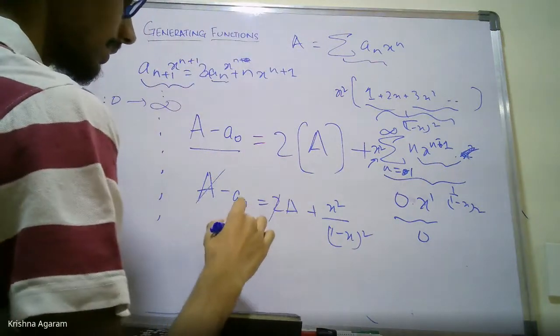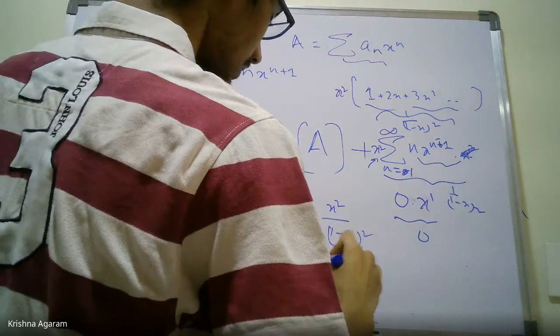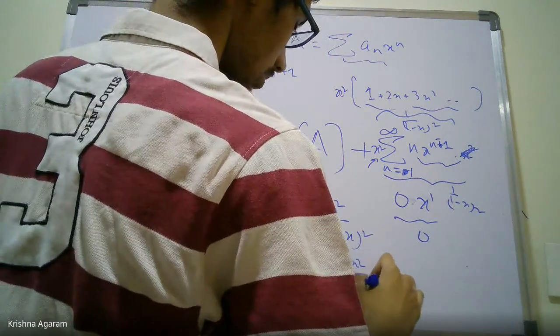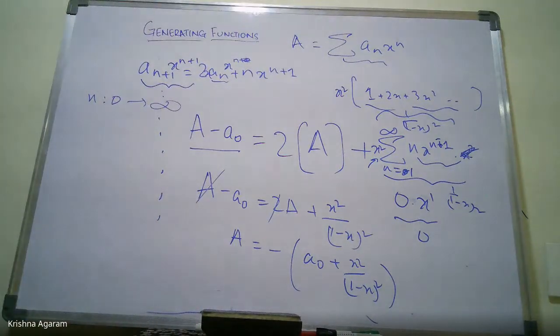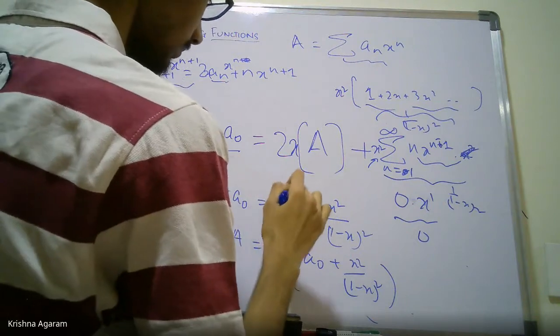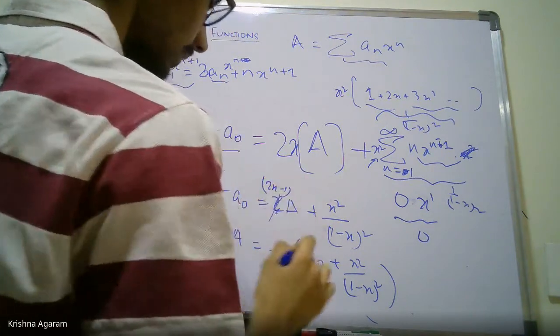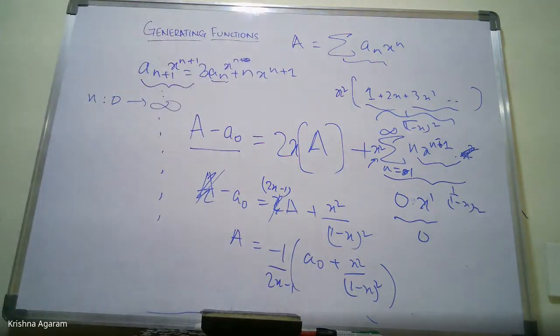This cancels, you get A is the negative of this. And now you can just do this one. Wait, is this... oh, that's right, there's an x here. 2x minus 1 will come here. Okay? Is that correct?